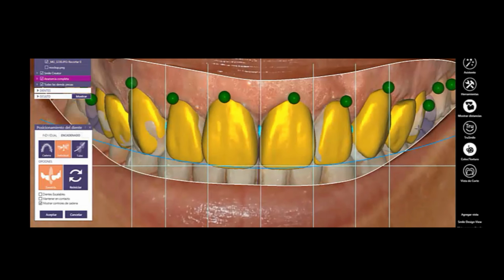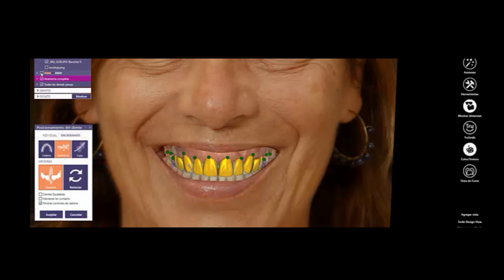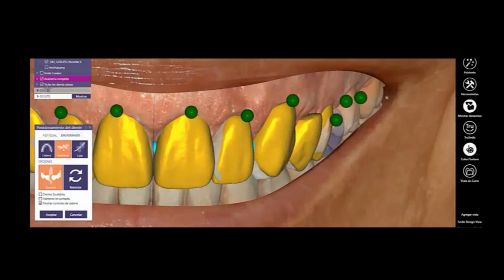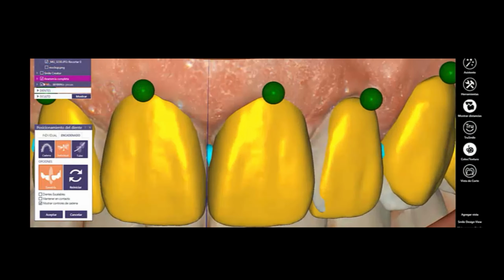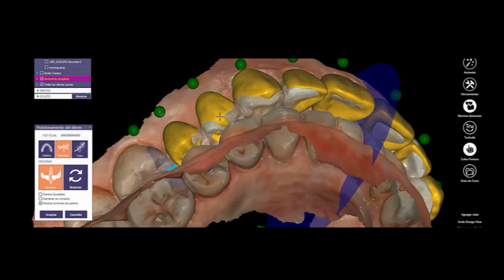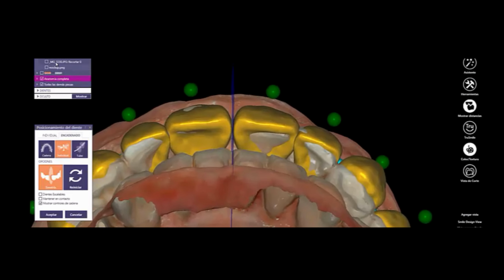Thanks to that, it's super easy to communicate and it's super easy to succeed in every mock-up because the lab technician has all the information of the torque, the volume, and everything.